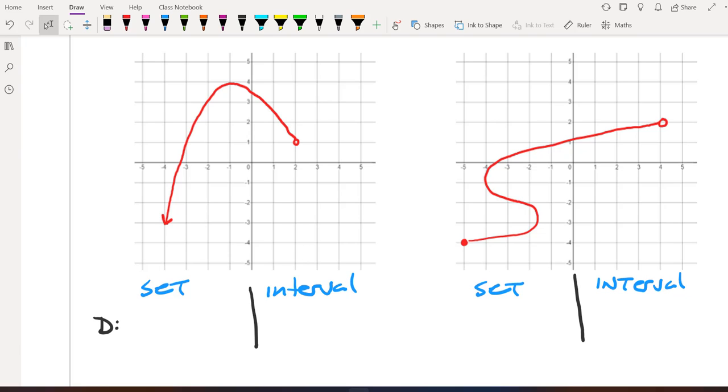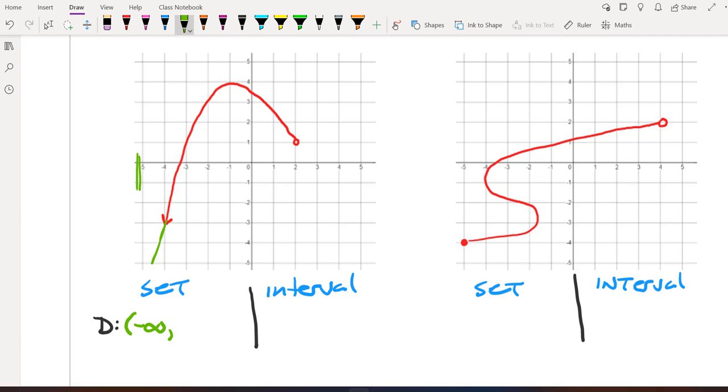So it goes forever negative, and we have negative infinity over here. What kind of bracket does negative infinity get? Round.